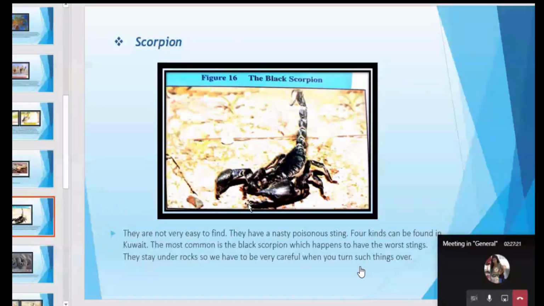So you have to be very careful, because these black scorpions make their home under the rocks, and you can find rocks very close to the seaside. So whenever you go to the seaside, be careful not to turn over such things, or go close to the rocks or shake them. Sometimes they will come out and they are very dangerous.